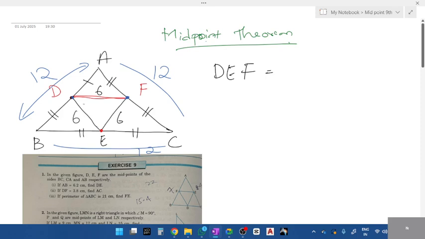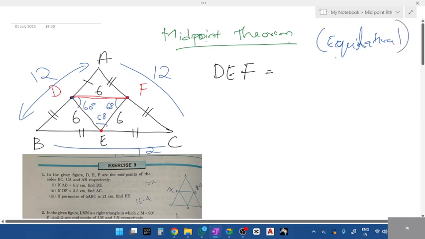Look at DEF. If all three sides are equal, what about their angles? What about ABC? Yes. So this is a special triangle, students, in the midpoint theorem. If you come across an equilateral triangle, if DEF is equilateral, what about ABC?